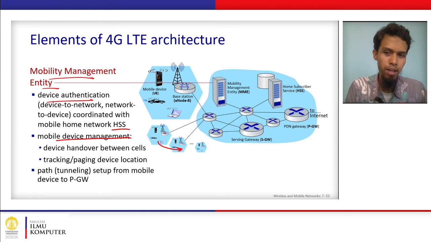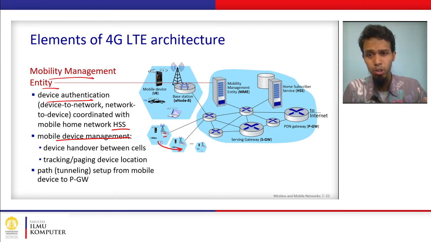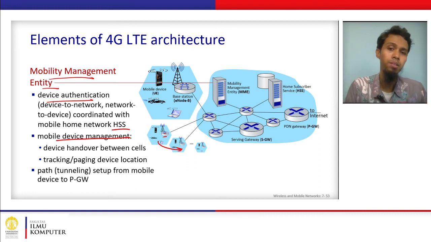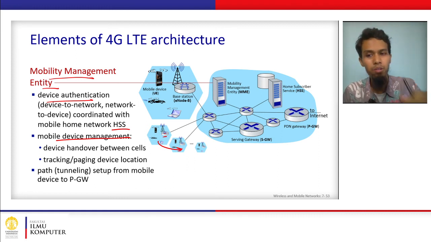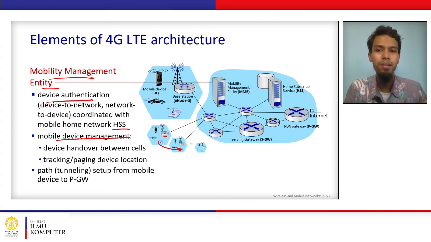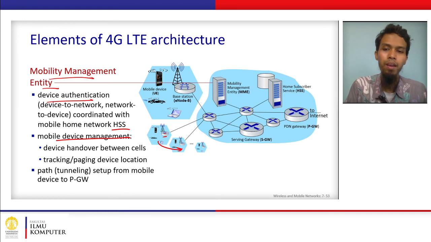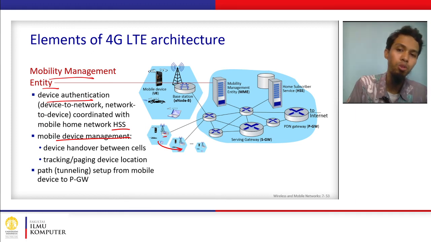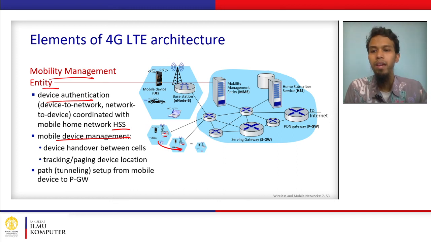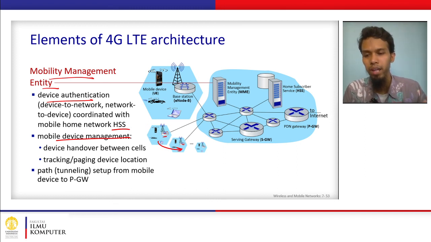So first, it can be initiated by the old E-Node-B. The E-Node-B has to communicate with the mobility management entity to inform about the handover, and then later this handover will occur, and the path is moved from the old E-Node-B to the new E-Node-B. It is also used for tracking and paging device location.